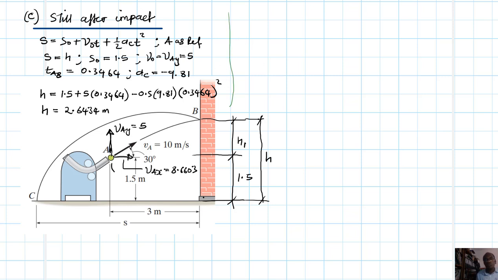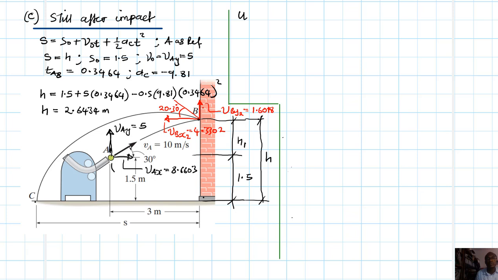Now we need to move on to the next step. So using B as reference, we're going to use this equation: S is equal to S naught plus V naught T plus half AC T squared, and our S is equal to minus 2.6434.